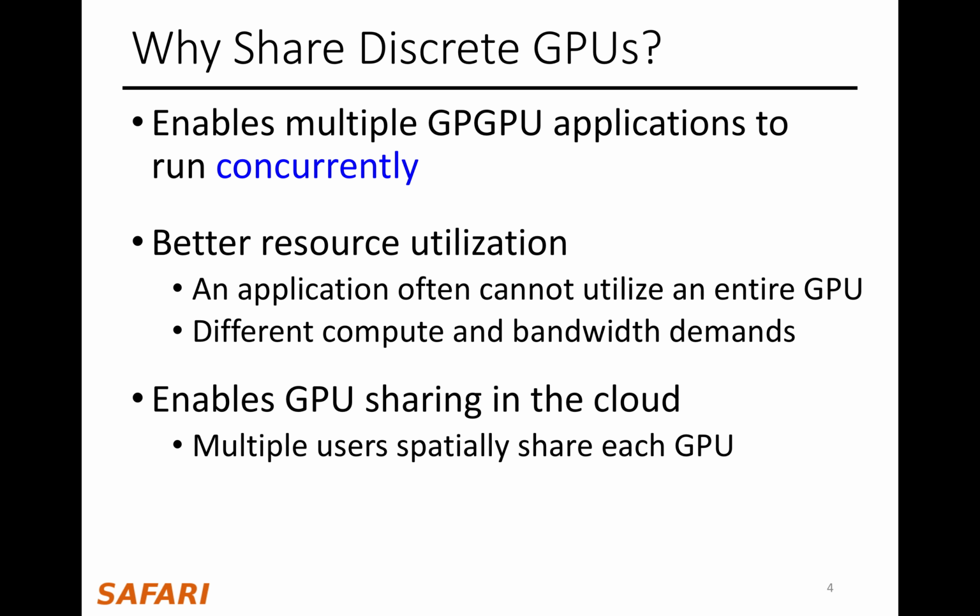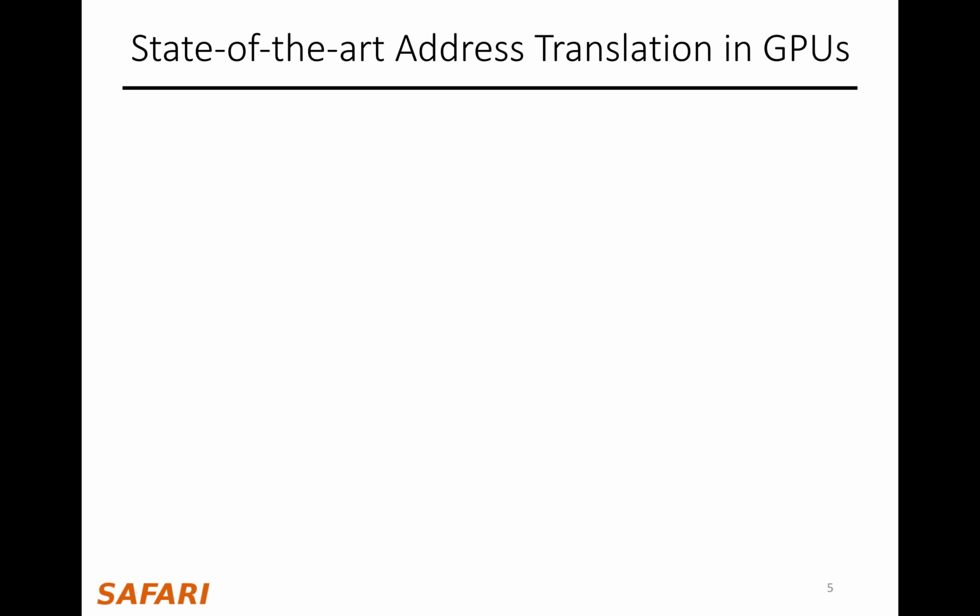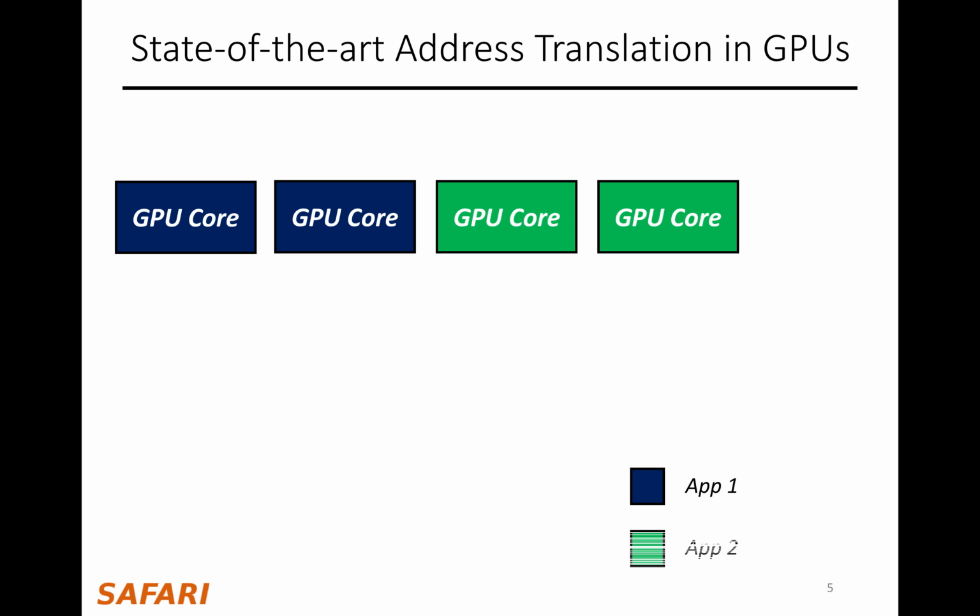On top of this, it also enables GPU sharing in the cloud, where multiple users can spatially share each GPU. However, there's one key requirement, which is you need fine-grained memory protection for all the applications. In order to provide memory protection, state-of-the-art modern GPU designs provide address translation in order to translate a virtual address into a physical address.